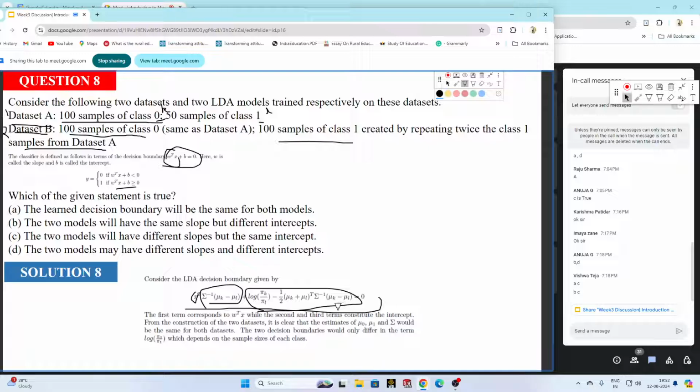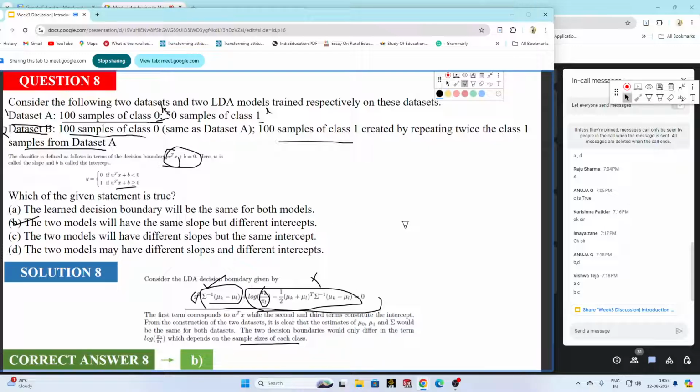The intercept also contains this pi k value, and this pi k value depends on the sample size for each class. Here we can clearly see that the sample size is not equal in dataset 1 and dataset 2. That is why the slope is equal but the intercept value is not equal. So option B is the right answer.